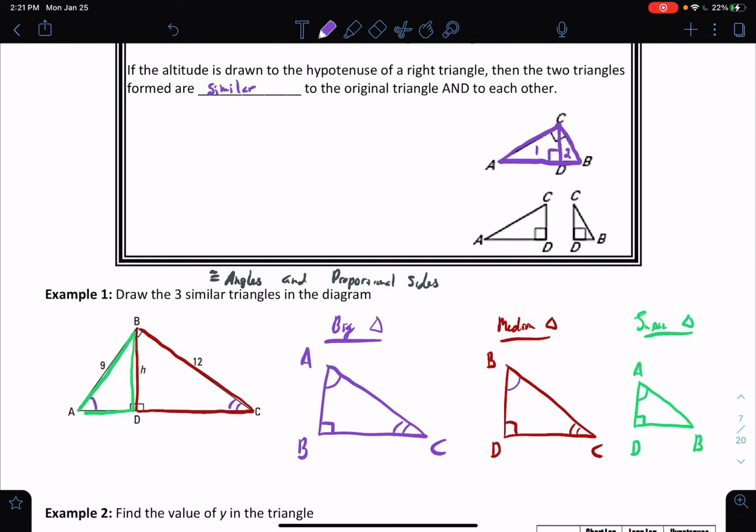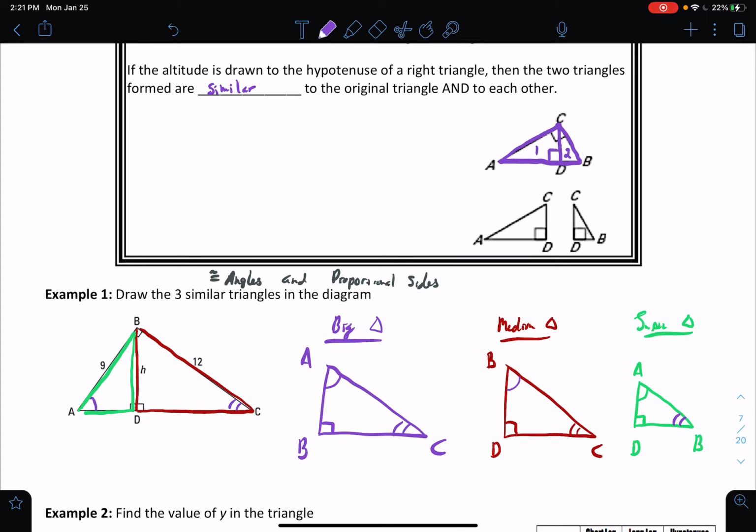For the small triangle, you've got the one angle swoop that matches up, and the 90-degree angle that matches up. That means angle B in the small triangle is going to have two swoops. I like to draw in my swoops because that's going to help us out with example 2.